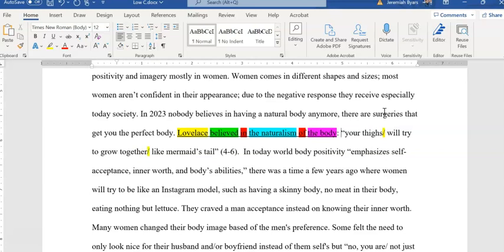The difference between a colon and a semicolon is that a colon separates a complete sentence from an incomplete sentence, a dependent clause. And so really the colon makes this all one sentence, okay?